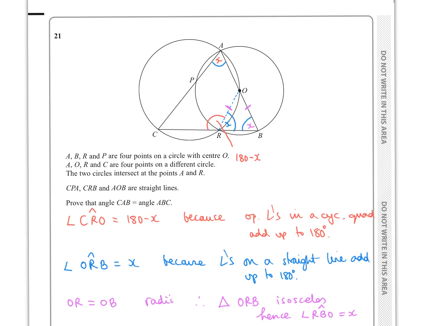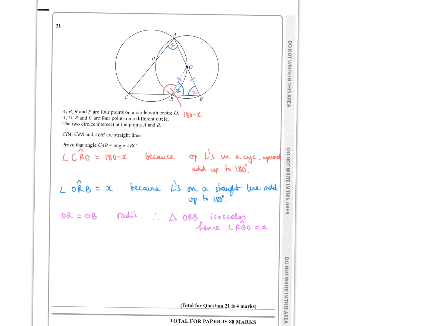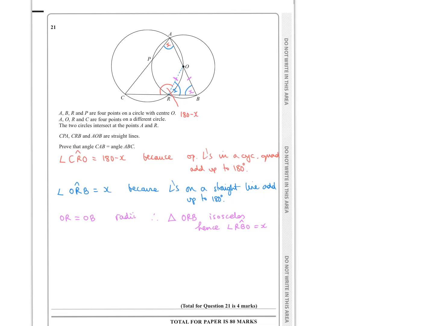So I think we're just about there, because looking at the diagram clearly, we've found this angle to be x. I'm going to write over the B so you can see it. So we know that angle CAB is x, because we started with that, and we've shown that angle ABC rather is also x.